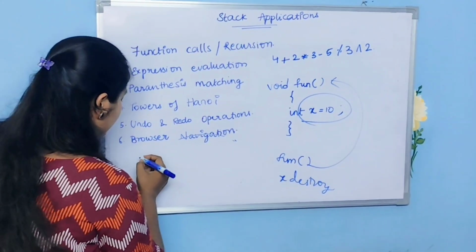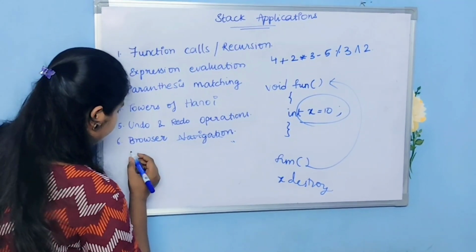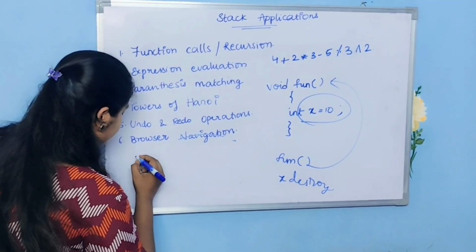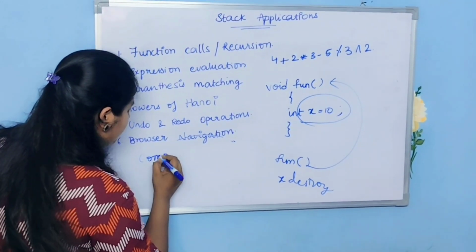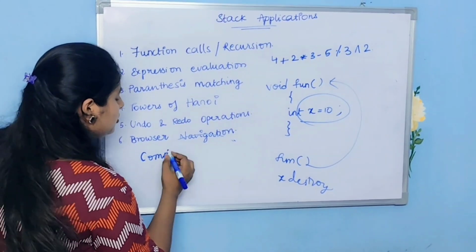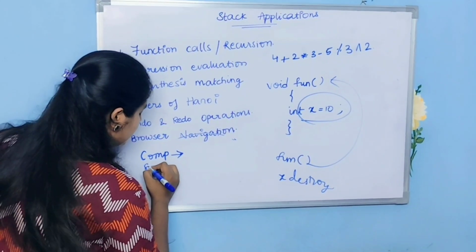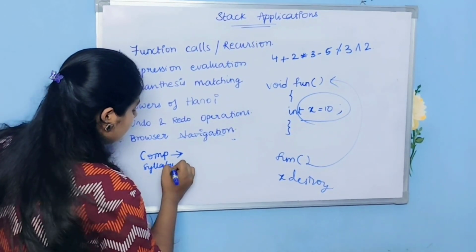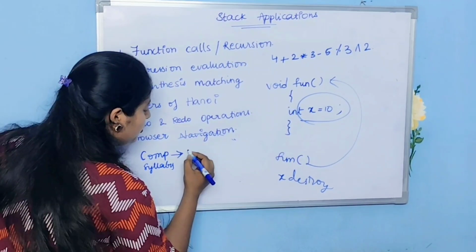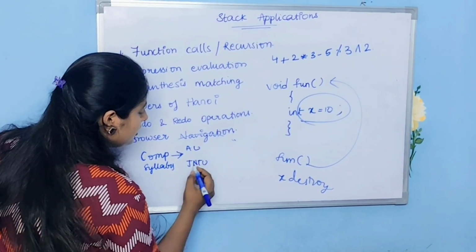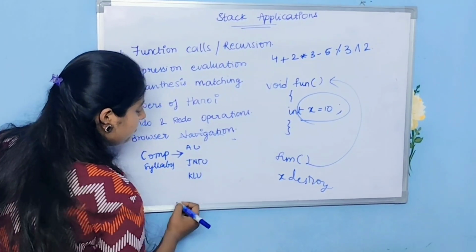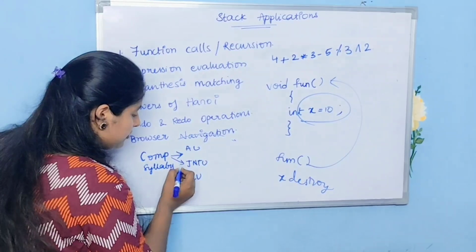For example, I am trying to search for computer science syllabus. I went to Google, I have searched computer science syllabus. Now I have seen a few universities, Andhra University, JNTU University, or KL University. Like this, I've seen a few websites.